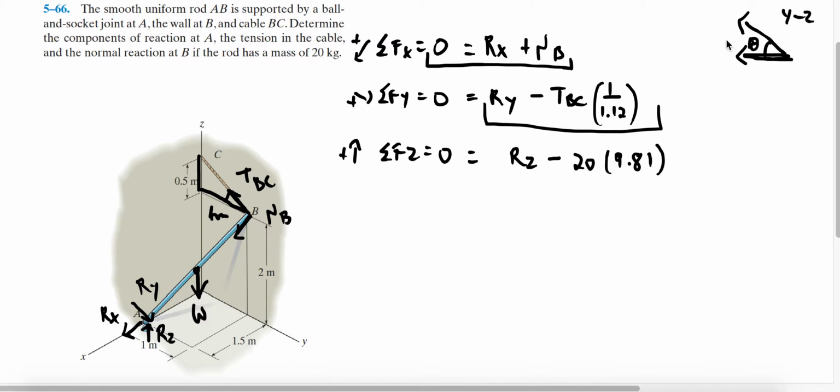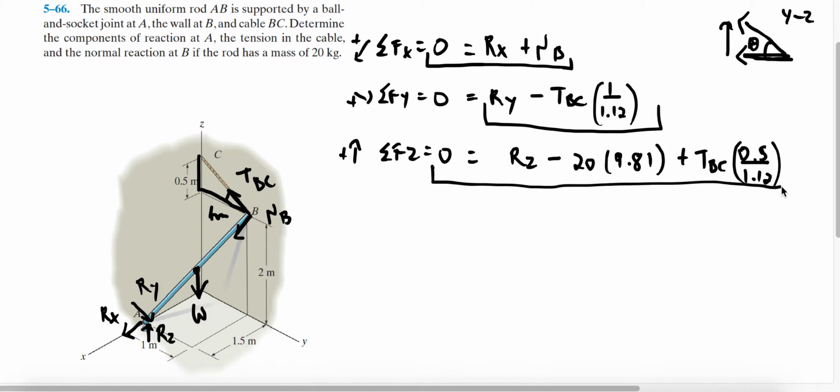In this case, we're worried about the component that's going up, so plus TBC, and in this case we have sine, so 0.5 over 1.12, right? And then one last thing, I think. Let me double check. 1, 2. No, that looks like it. Okay, so third equation. We just need two more, right? So two more equations.